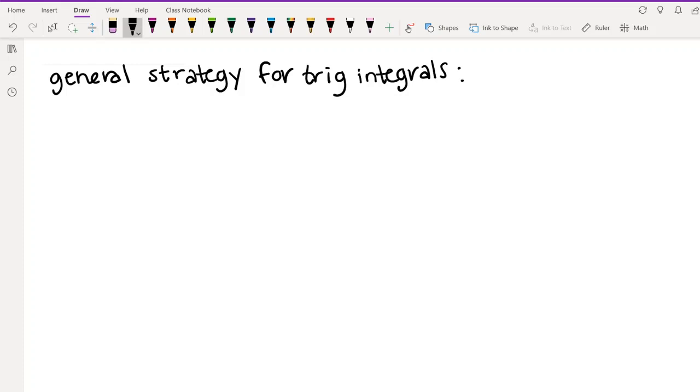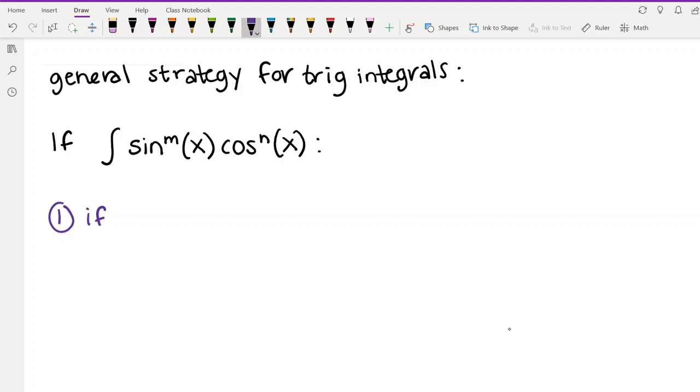Okay, so first case is if you have an integral of the form sine to the m of x times cosine to the n of x. So we have kind of two cases here. So the first case is the one that we just saw.